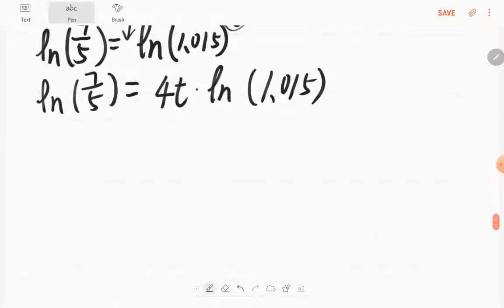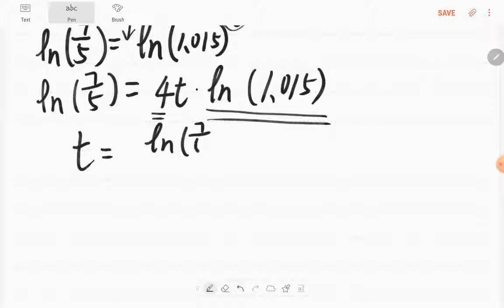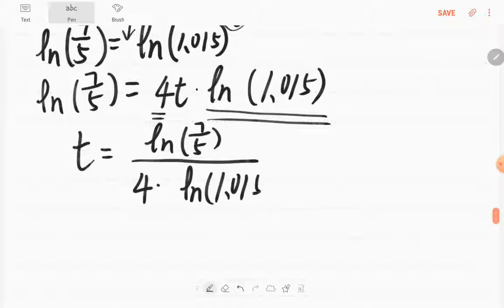If you do your calculation, t is equal to, we divide by 4 times the natural log of 1.015 on both sides. So you will have natural log of 7 over 5 divided by 4 times natural log of 1.015.